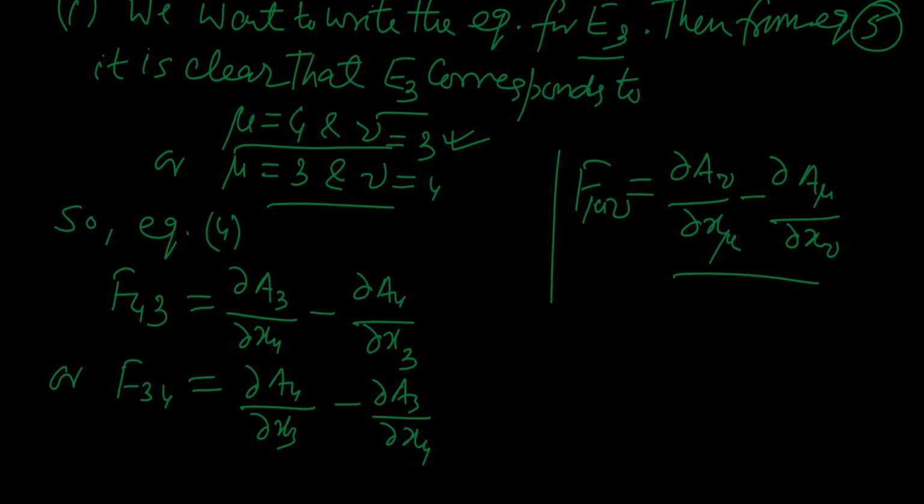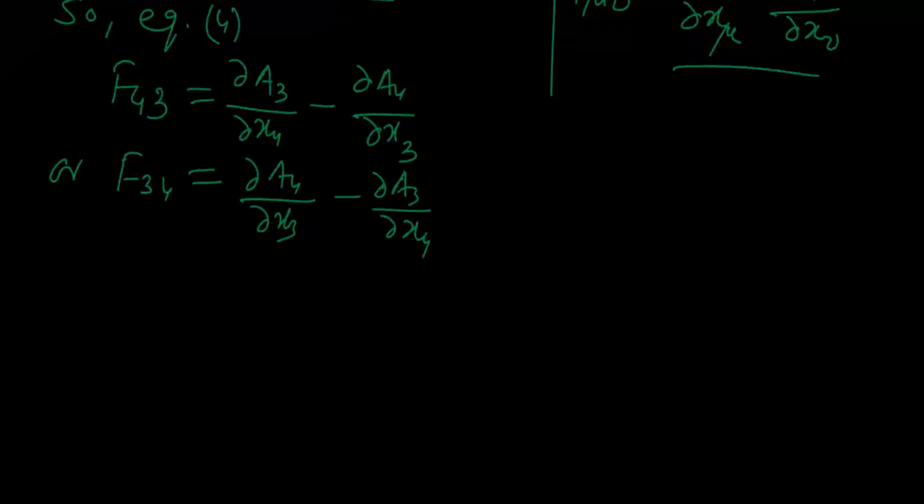What do you see in this equation? You can easily see that these equations, in the light of equation 5, yield. What does it give?